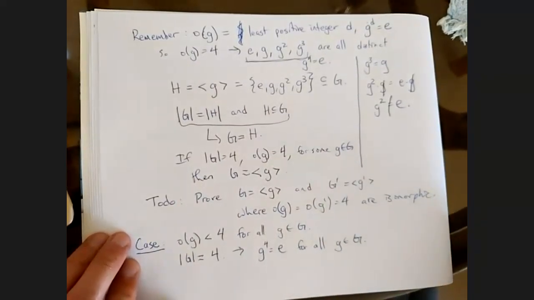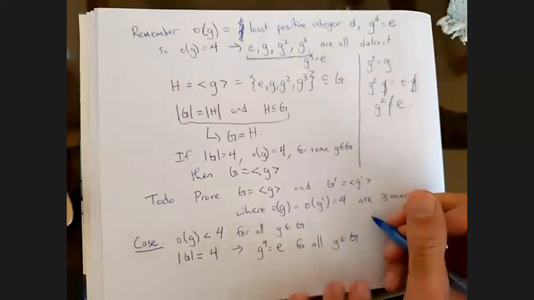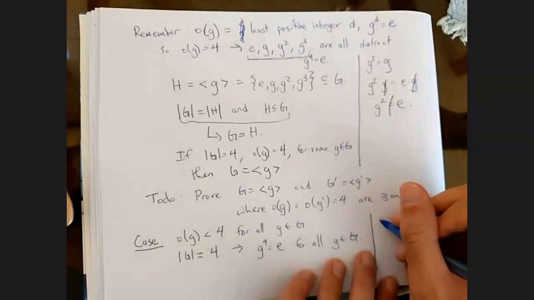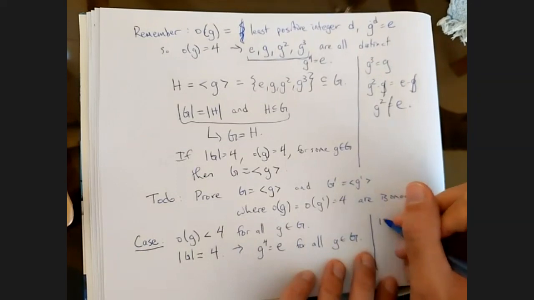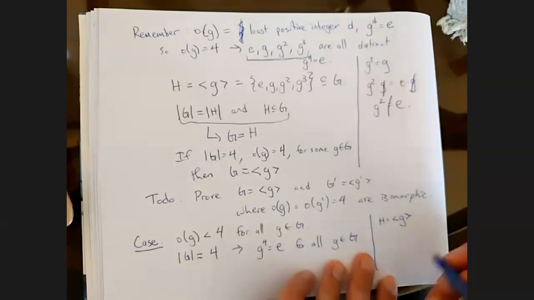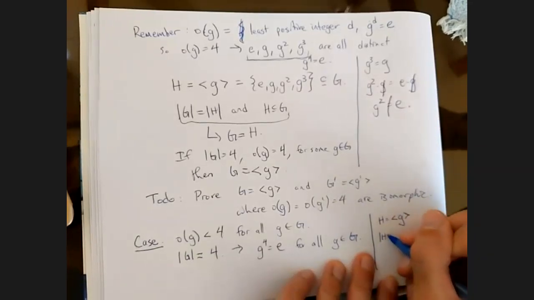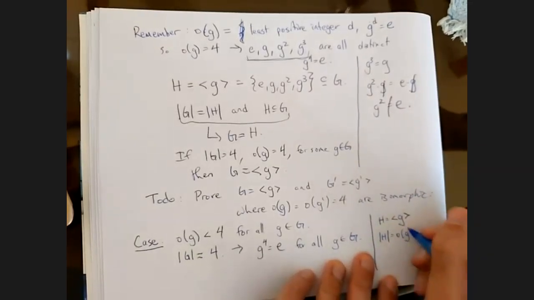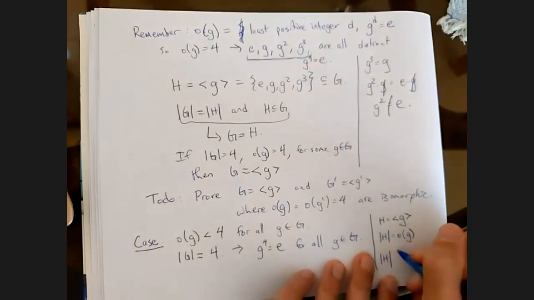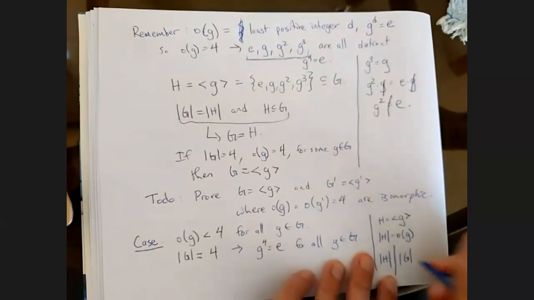And this is by Lagrange's theorem, or you can just take it as given, but just to remind you, how do we show this? Well, you take H to be generated by little g, then the order of H is just the order of little g, but the order of H divides the order of big G, which is 4.